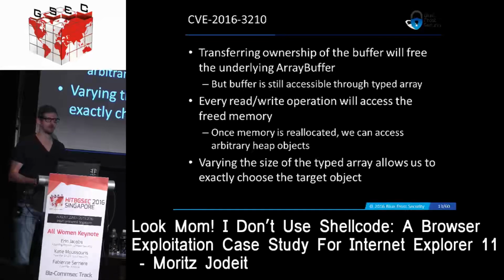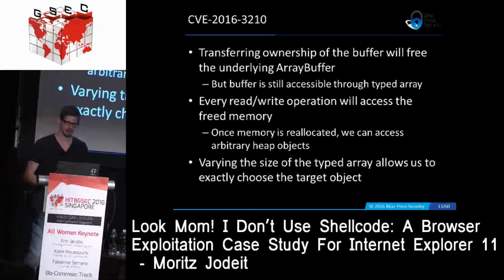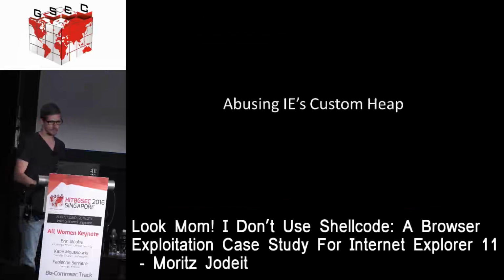So if you know there's a nice target object which we want to corrupt of a specific size S, we could just create a typed array and thus create the underlying ArrayBuffer of exactly this size S, trigger the bug, and then we just have to force the creation of our target object, which will eventually be placed in this free chunk of memory. So it's pretty powerful. So the question is, okay, which object do we target?